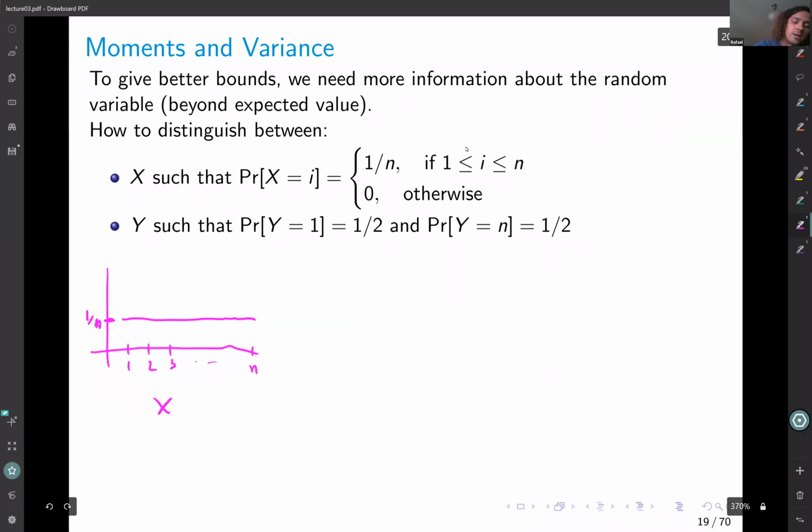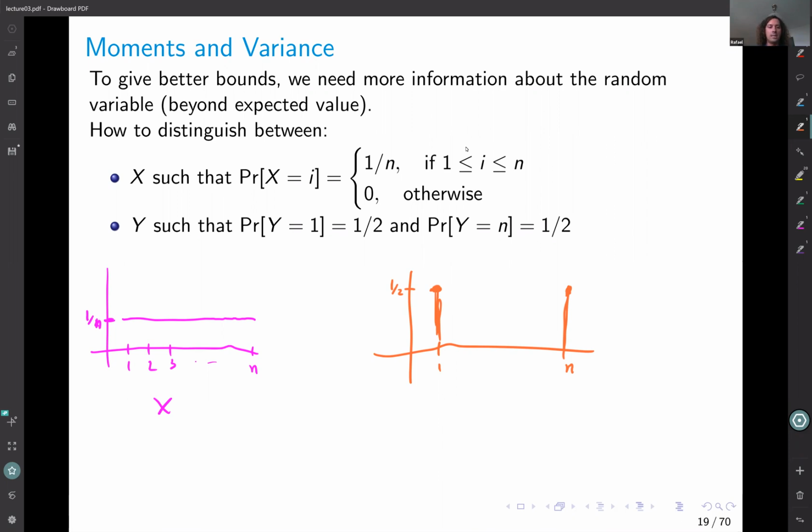So this is random variable X, and then we have random variable Y, which has probability a half at 1 and at n. So the mass of those two variables is concentrated differently. These random variables look very different. Do you agree?